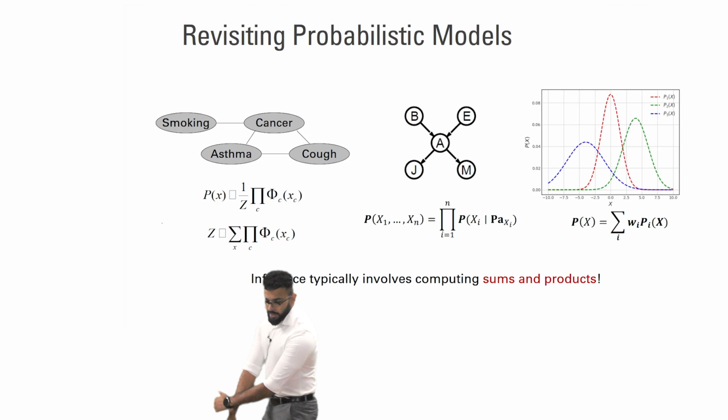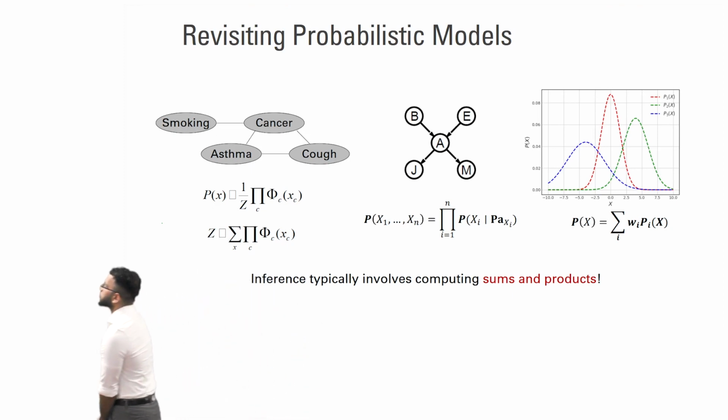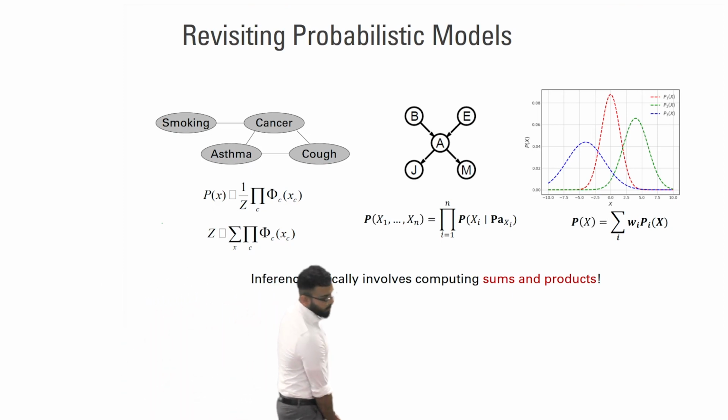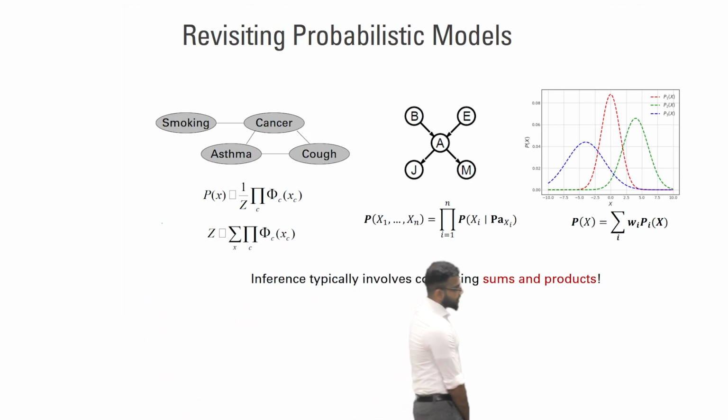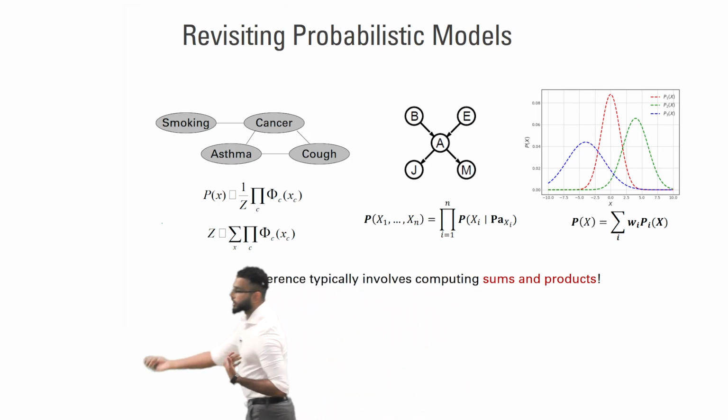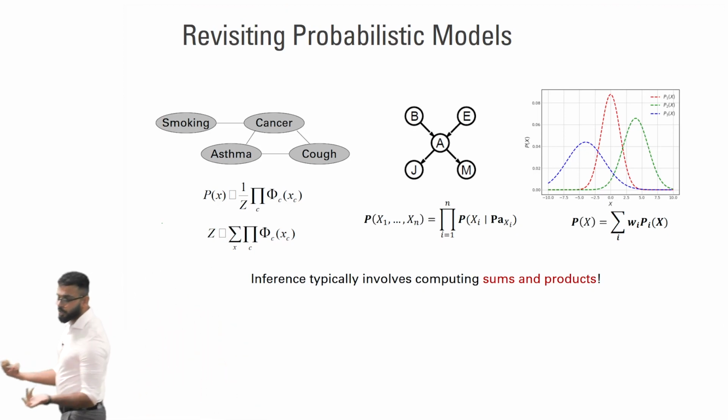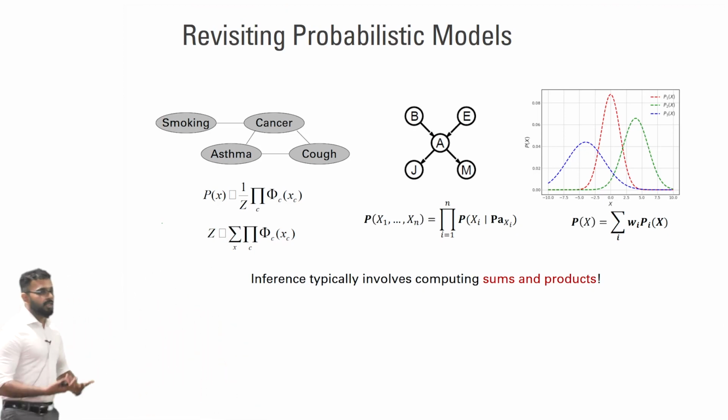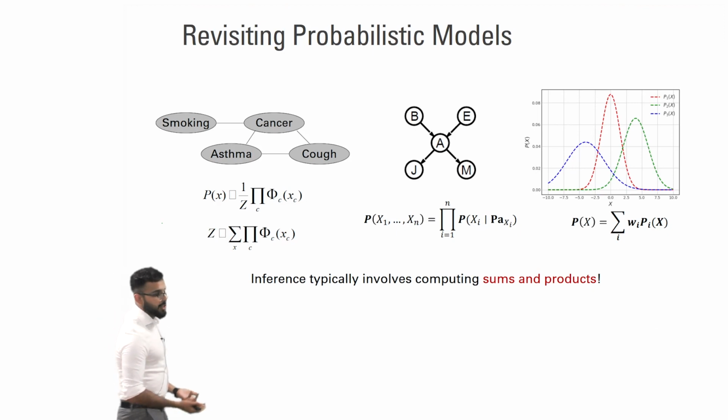All right, let me revisit some of the models that we have discussed. In Bayesian networks and Markov networks, there are certain things that kept popping up. When you made factorization assumptions, when you were thinking of conditional independencies, you typically had some sort of products come into the picture. You were multiplying probability distributions. When you have two independent distributions, what is the joint distribution over them?